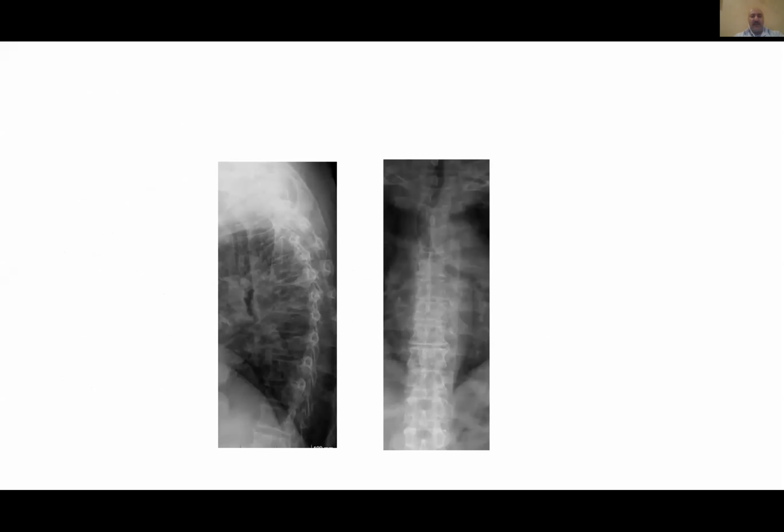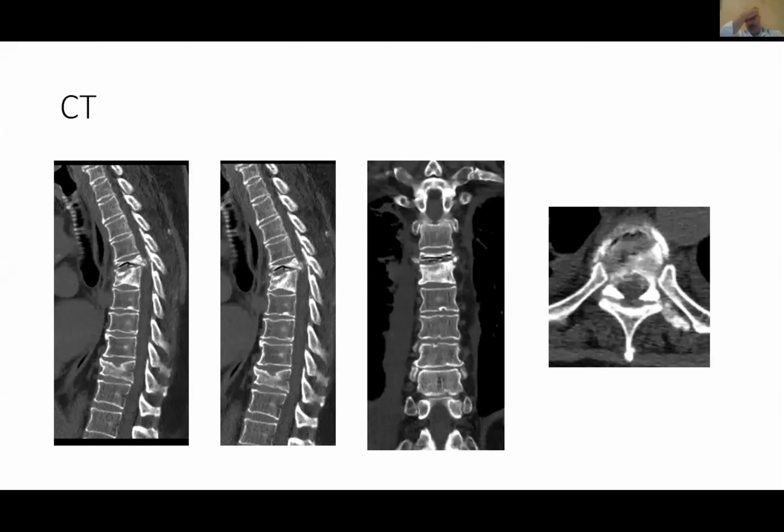On X-ray, the patient is overweight, and when we did the CT scan, you can see he had a collapsed fracture at T4. Almost no body is left on both sides. There's an old fracture down here.